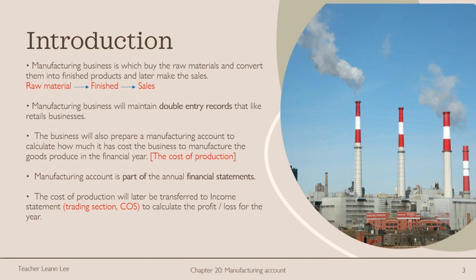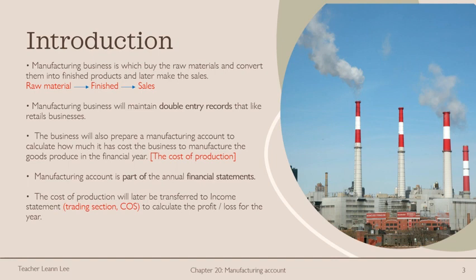The manufacturing account is also based on double entry records like other businesses. The business prepares a manufacturing account, as I said just now, in order to calculate the total cost incurred during the manufacturing process, to produce the goods and how much cost they need to use on the raw material.